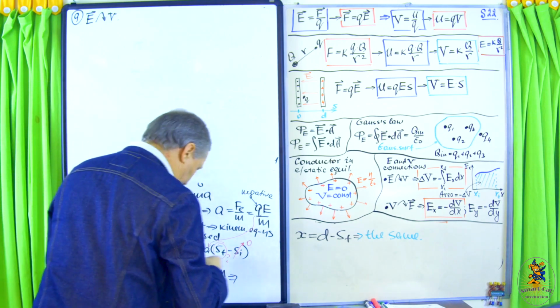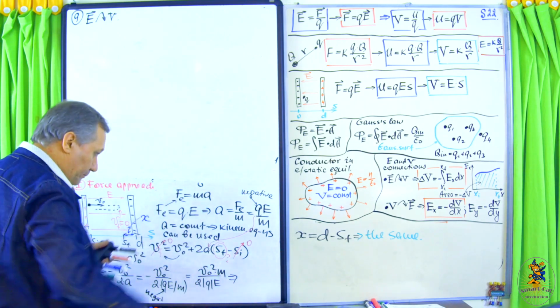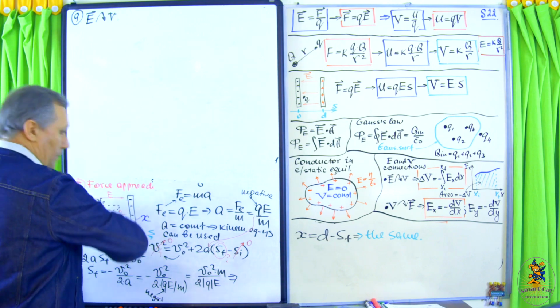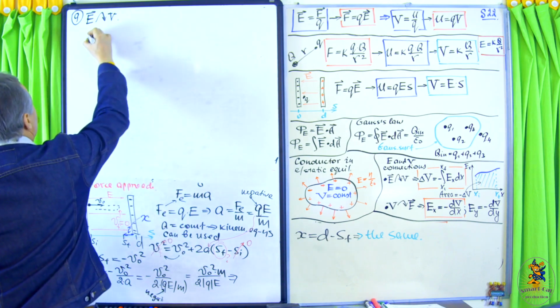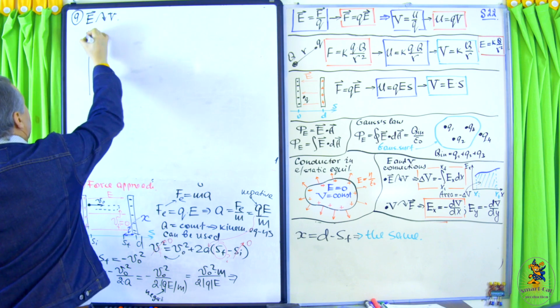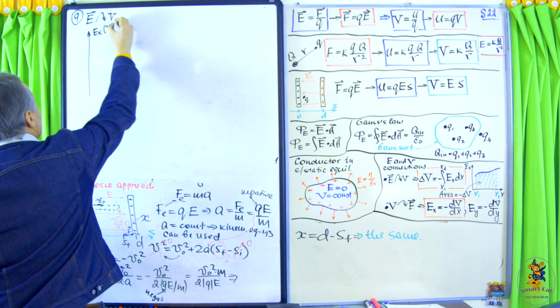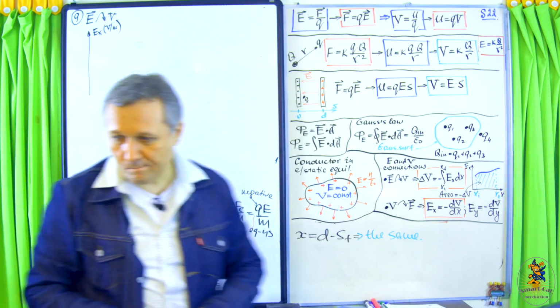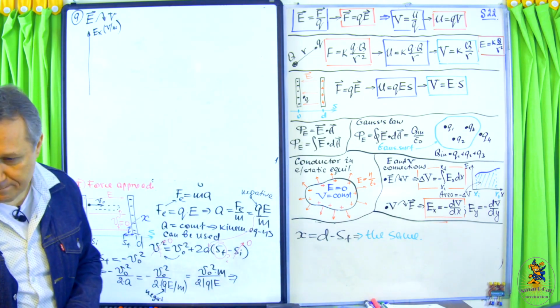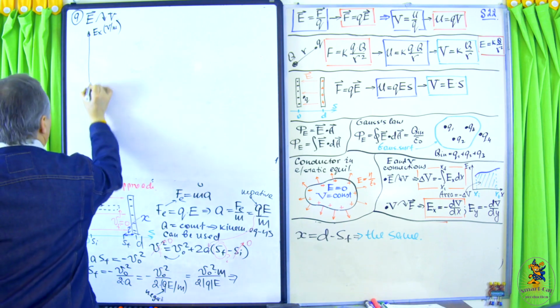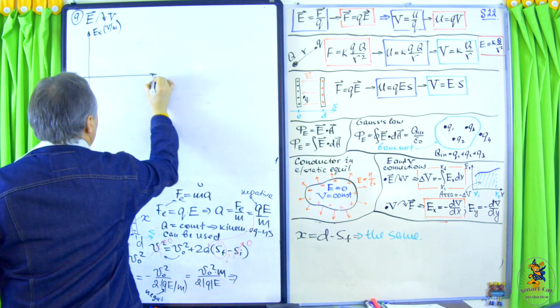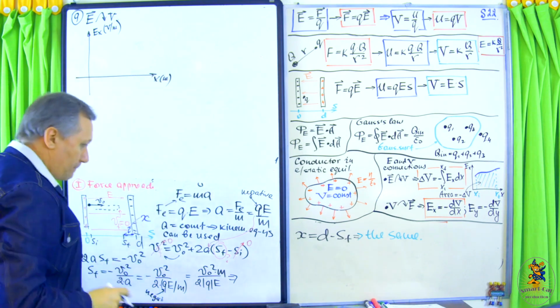So we have a plot, E sub x versus x. E sub x in terms of volts per meter, and versus x in meters.